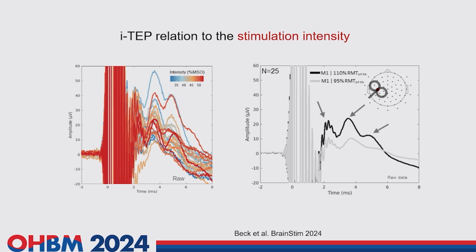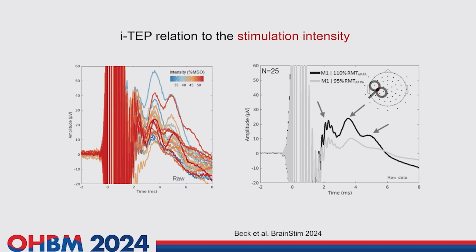Among other tests we have done, we tried to see how the TEP, the i-TEP, which we call the name comes from the immediate transcranial evoked potential, relates to the stimulation intensity. On the left side of the screen, you can see that we have stimulated all the subjects at 110% of the resting motor threshold.